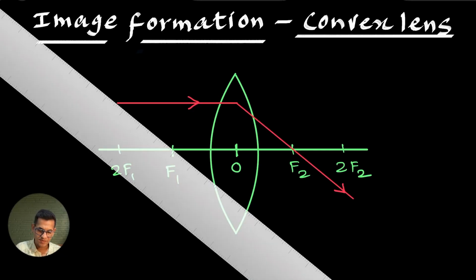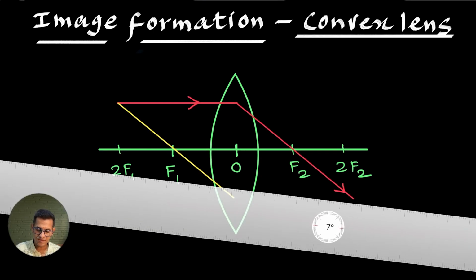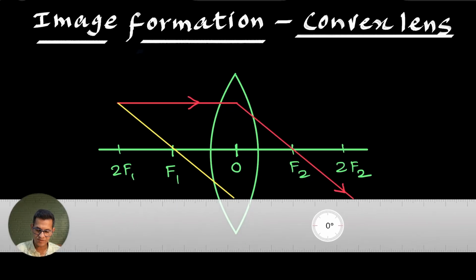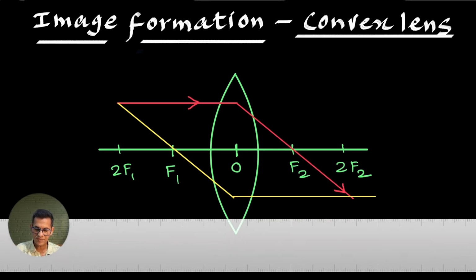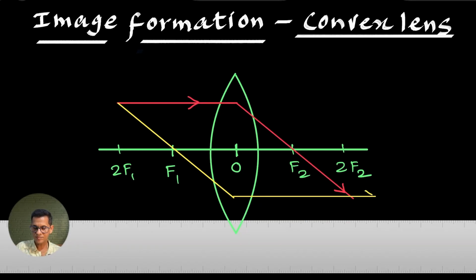Second rule says that if a light ray is passing through focus before refraction, then after refraction, it will travel parallel to the principal axis. That's the second rule.